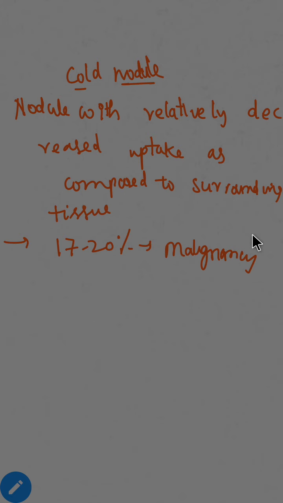Then in Graves' disease, let us see how thyroid tissue takes this radioactive iodine. In Graves' disease, there is increased uptake of radioactive iodine in all the thyroid tissue.